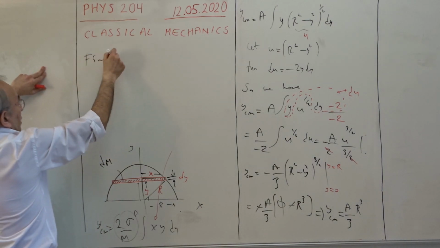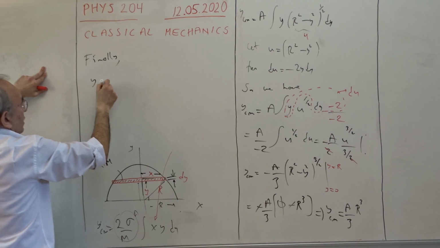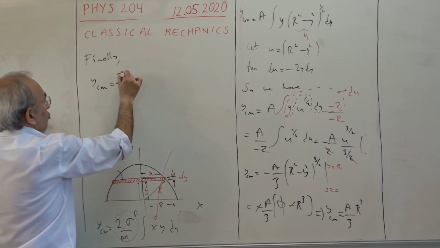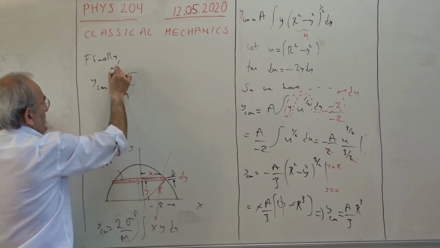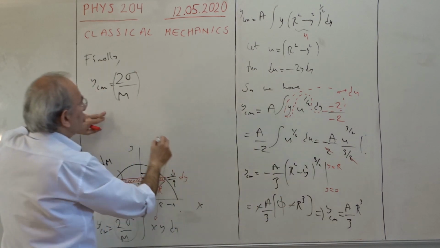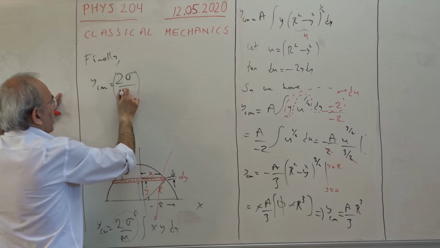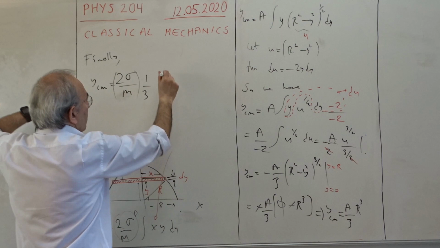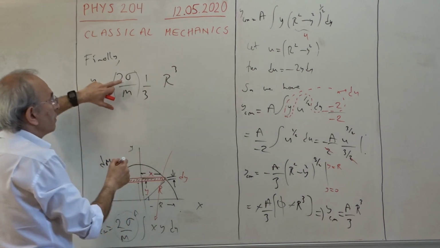Finally, y center of mass is a over 3. A is 2 sigma over m. We also have a 3 in the denominator, so let's write it as 1/3 multiplied by r cubed. But what is sigma?